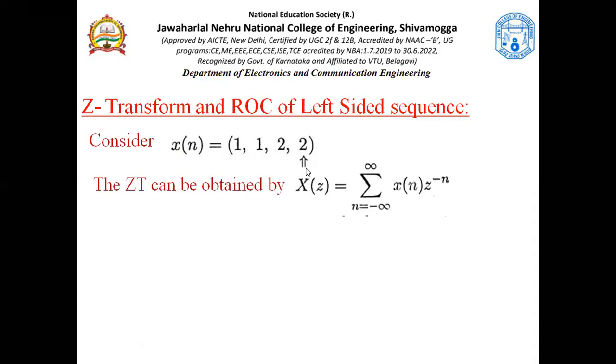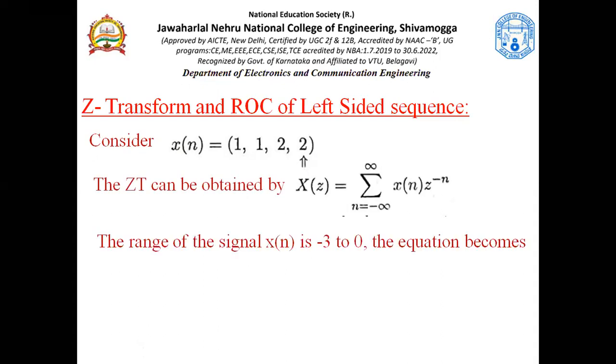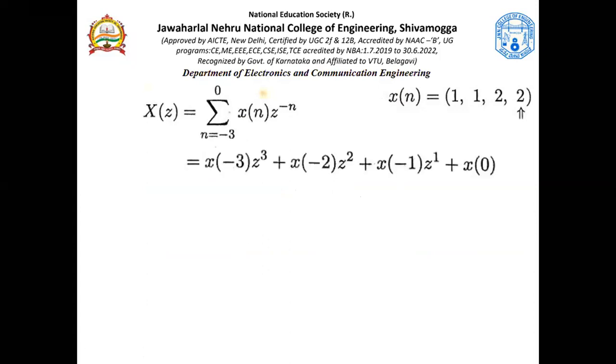So this is the equation we use to find the Z transform. The range is from -3 to 0. The limits will change now. Since the limits will change, bring those limits here. This is how the equation would look.